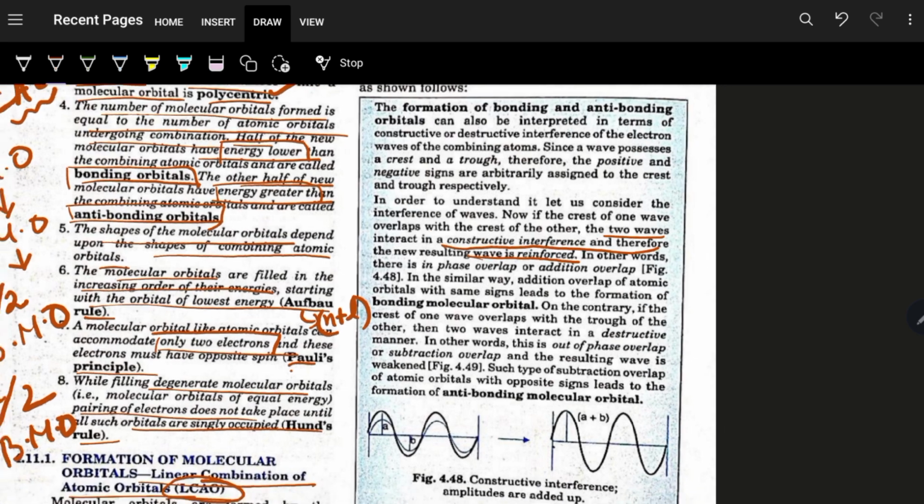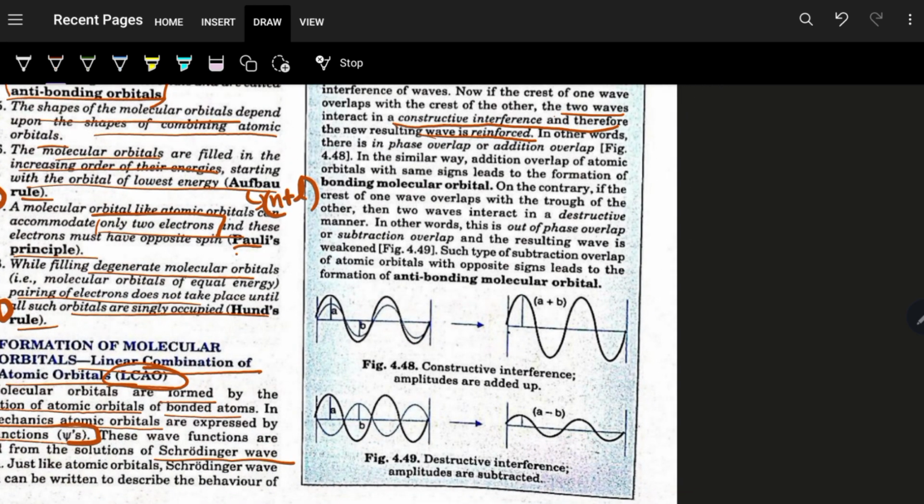So the amplitude of the wave function here gets added up. See, it is additive. These are two waves which are in phase. What is the meaning of in phase? In phase means the crest of one aligns with the crest of the other, and the trough of one aligns with the trough of the other. So the overlap that takes place is additive overlap for the bonding molecular orbital.